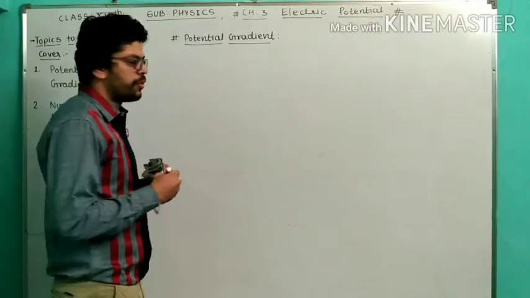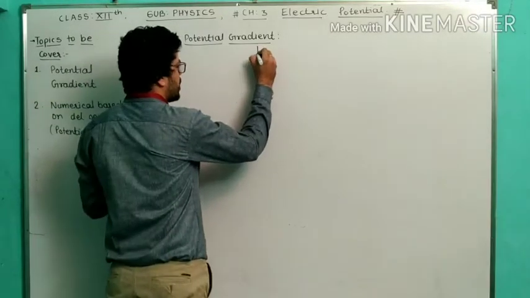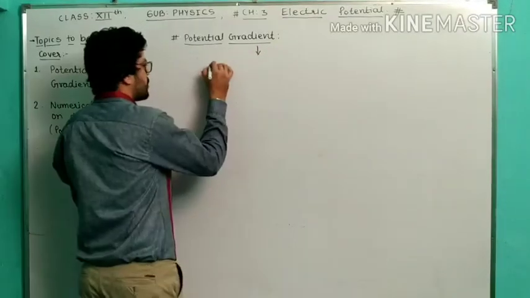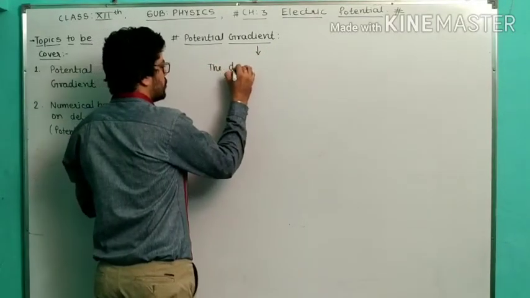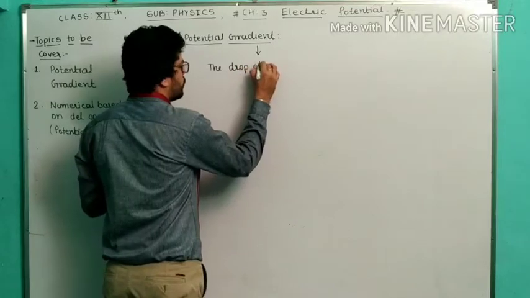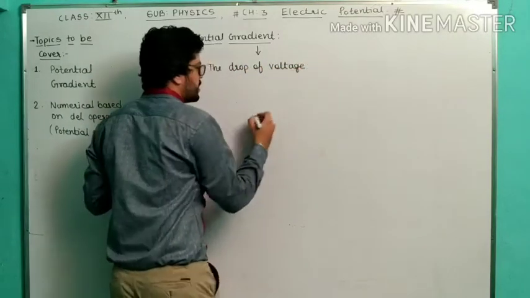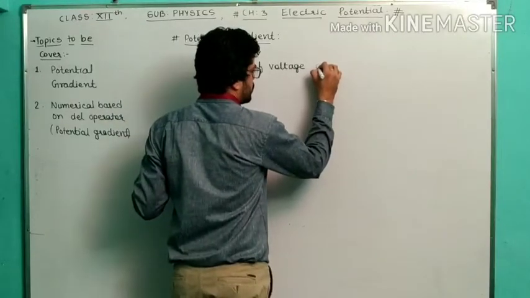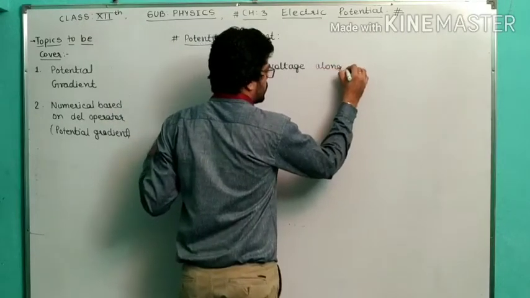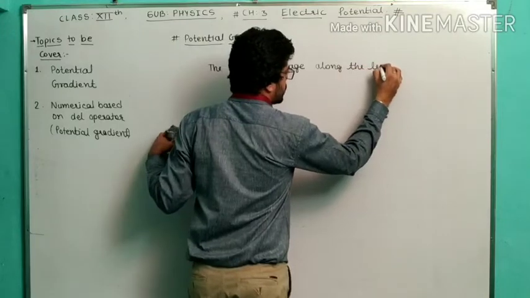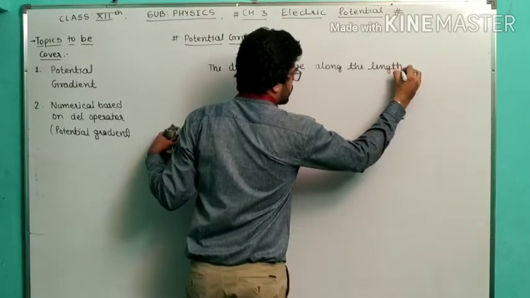What do you mean by potential gradient? Potential gradient means the drop of voltage along the length.